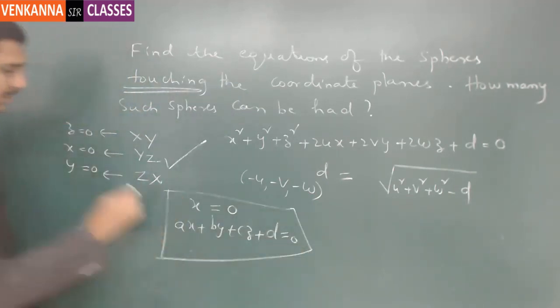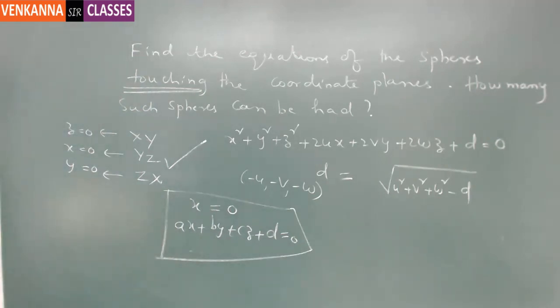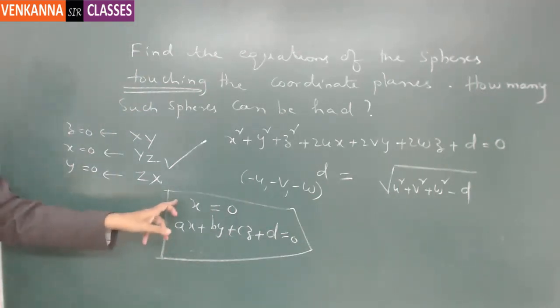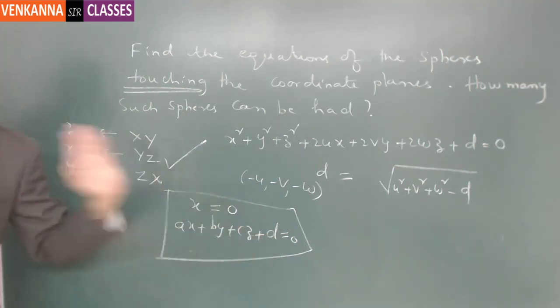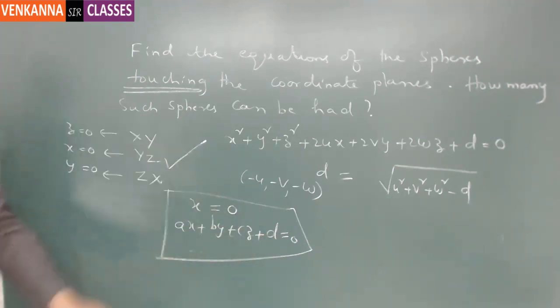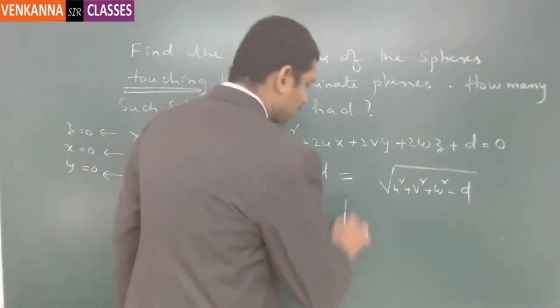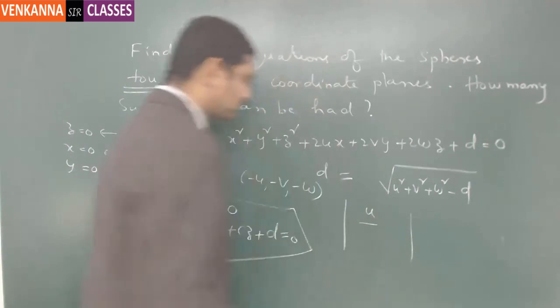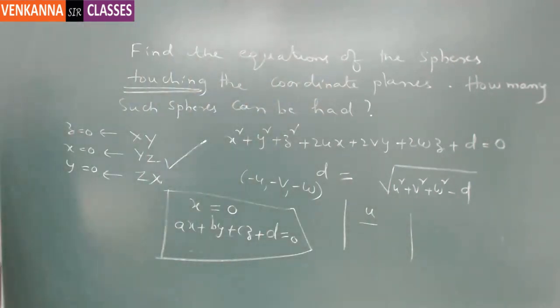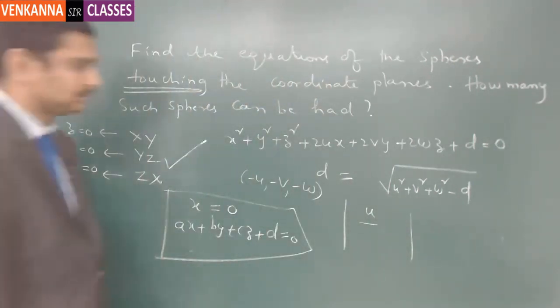So a value is 1, b value is 0, c value is 0, and d value is 0. If you apply the distance formula, it is nothing but modulus of minus u by 1.